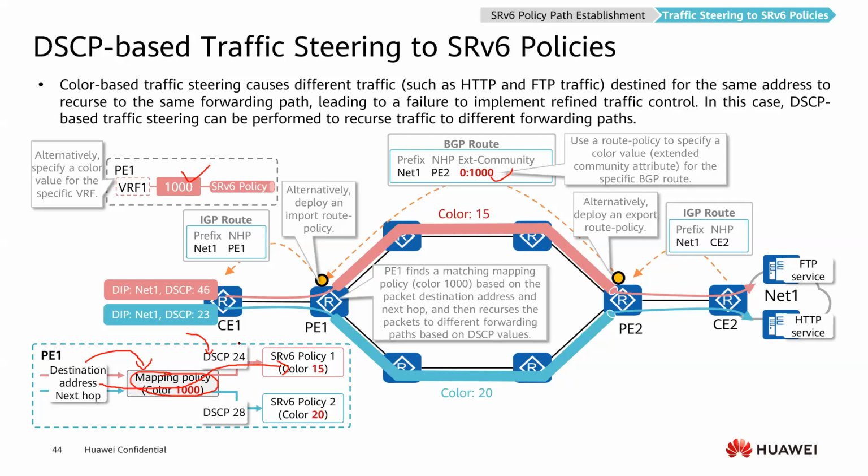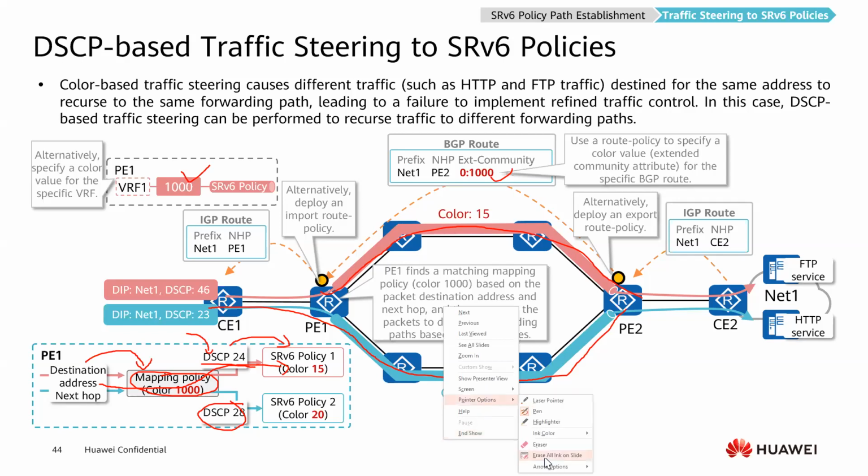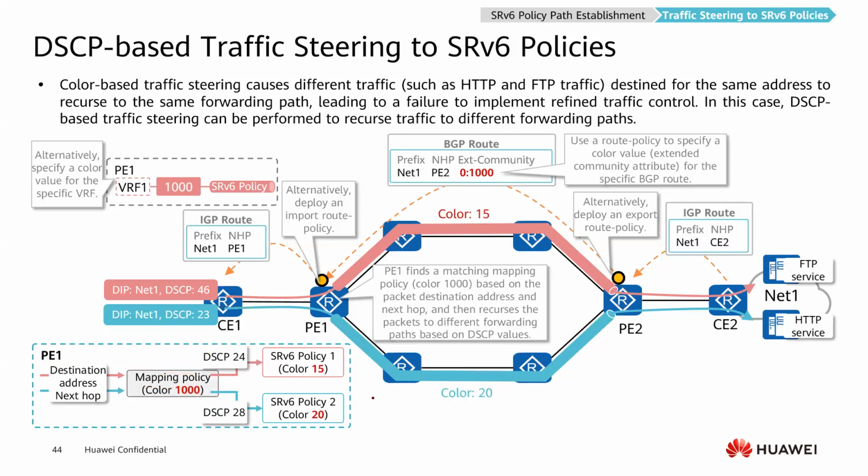For example, DSCP 24 should go into this SR policy, and DSCP 28 should go into this policy. So here, in DSCP-based traffic steering, we have 2 colors.